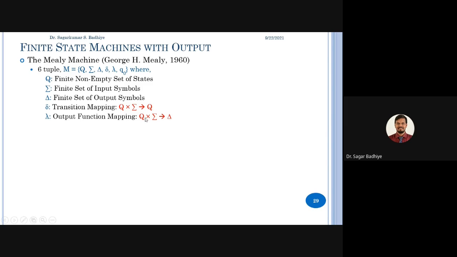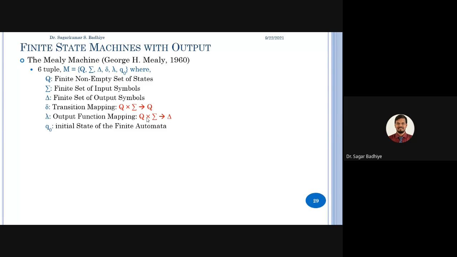On a state, if there is a transition on a particular symbol, for this combination there will be an output which is a particular symbol from the set of output symbols, that is del. So in the Mealy machine, the output depends on the current state and the current input both.